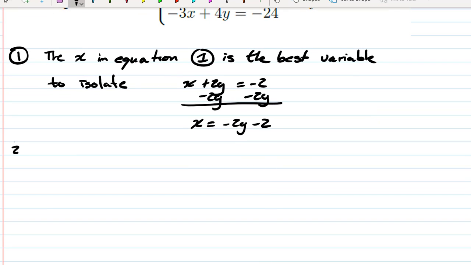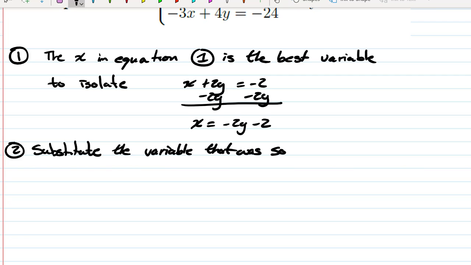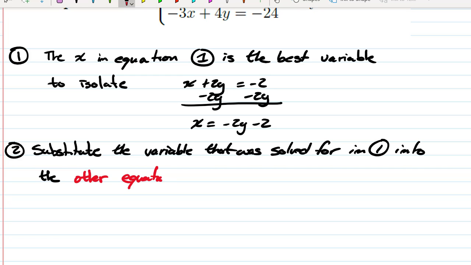Then step 2 is we substitute the variable that was solved for in step 1 into the other equation, the one not used in step 1.